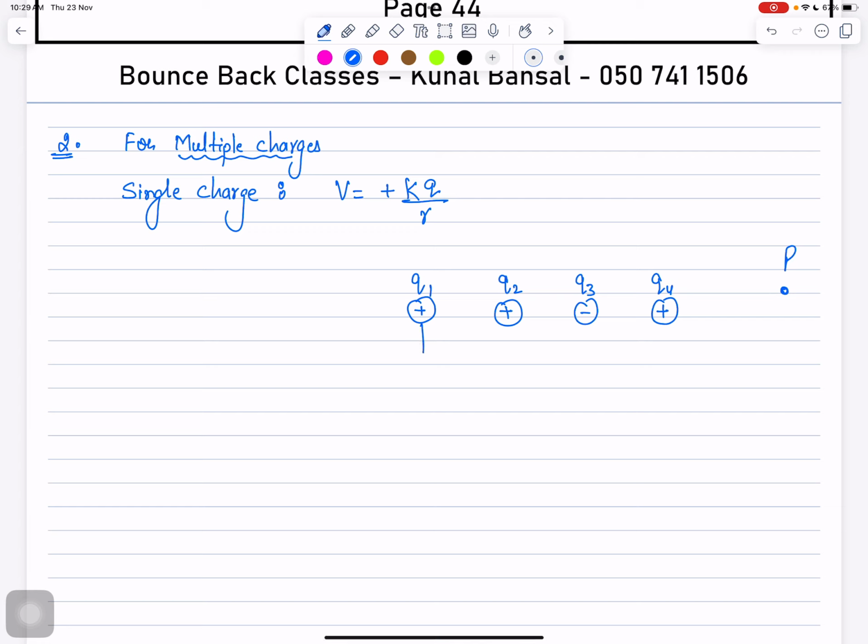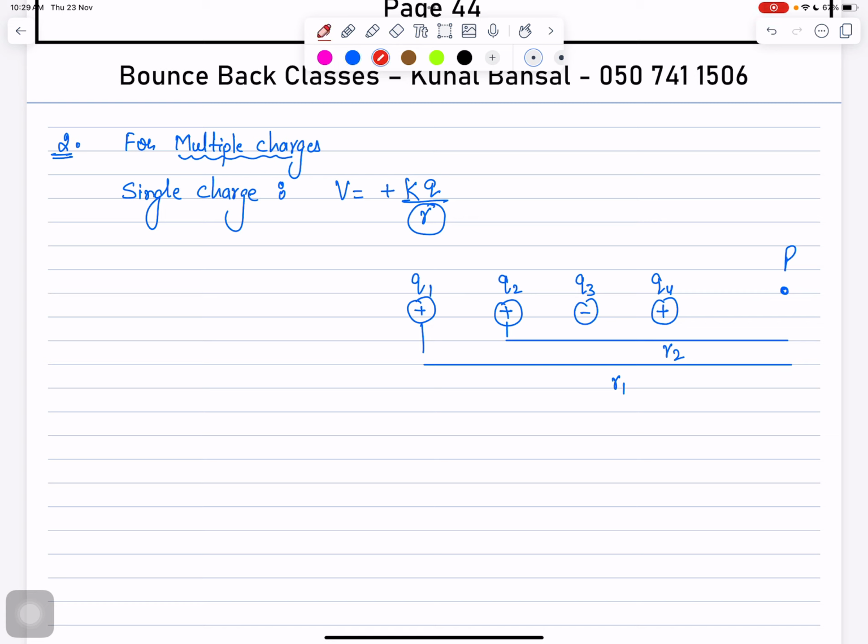So because of Q1, can I say this is the distance? Yes or no? Let's say this is your R1. Because of Q2, can you say this is your distance? This is your R2, because everything depends upon the R. Because of Q3, can we say this is our distance?